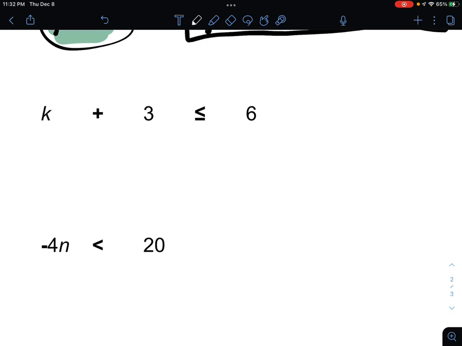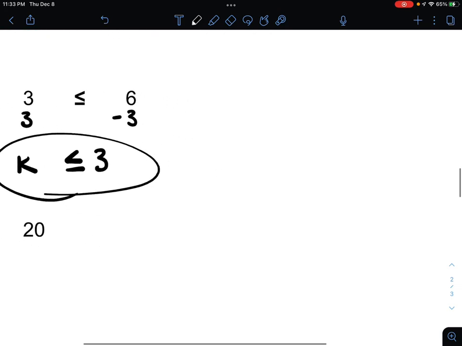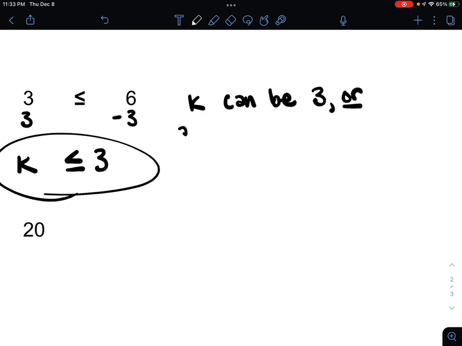Next up, k plus 3 is less than or equal to 6. Well, I see a plus 3 here, so the opposite of that is minus 3. I'm just subtracting 3 from both sides. I'm left with just k on the left side, and less than or equal to 6 minus 3, which is 3. k can be 3 or any number less than 3.